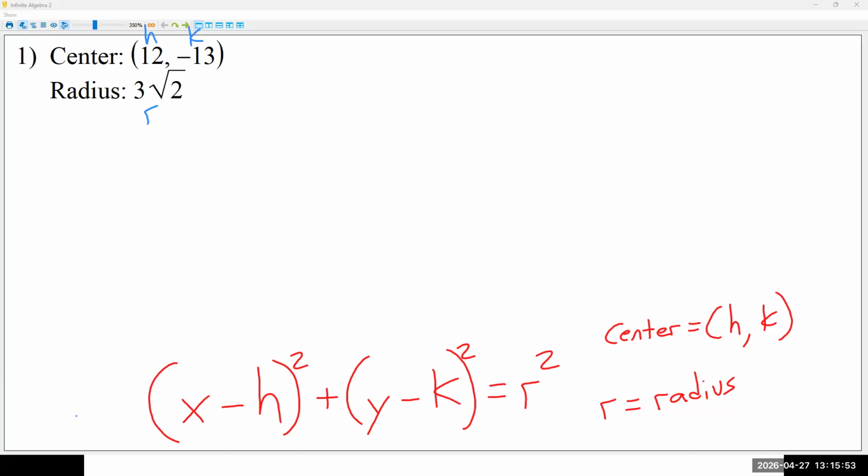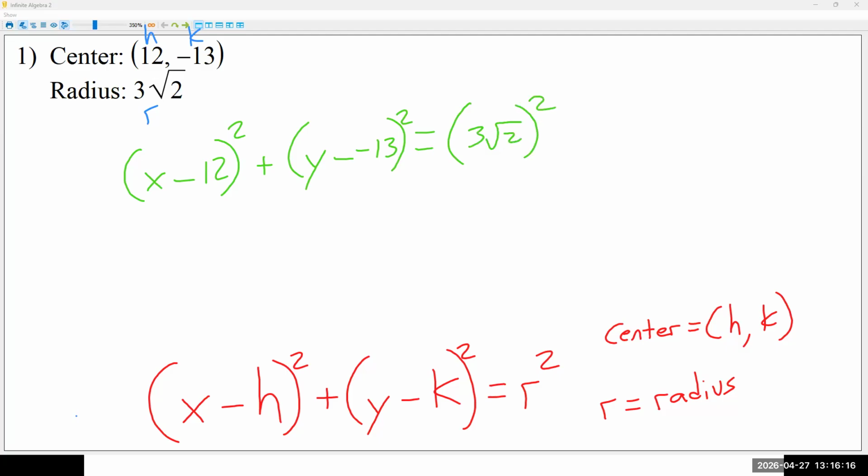We're going to do this in 2 steps, and we'll have a very, very small simplifying step. So I have x minus 12 squared plus y minus negative 13 squared equals 3 square root of 2 squared.